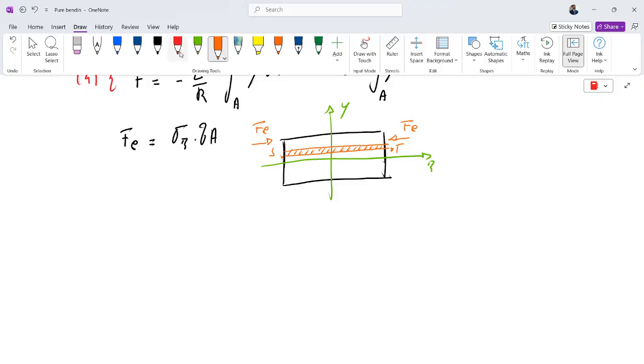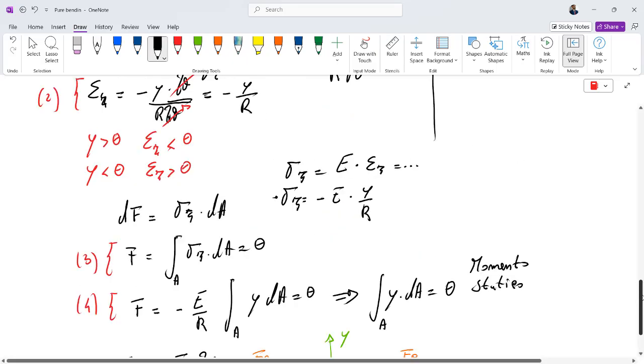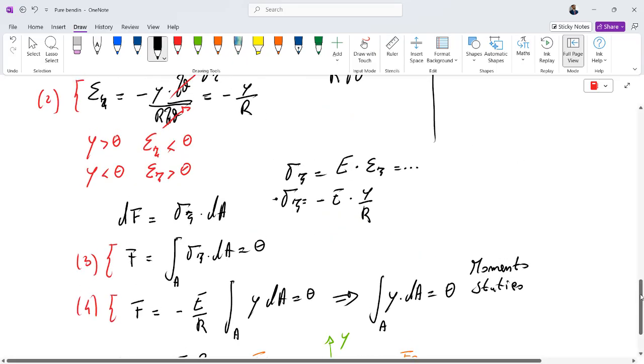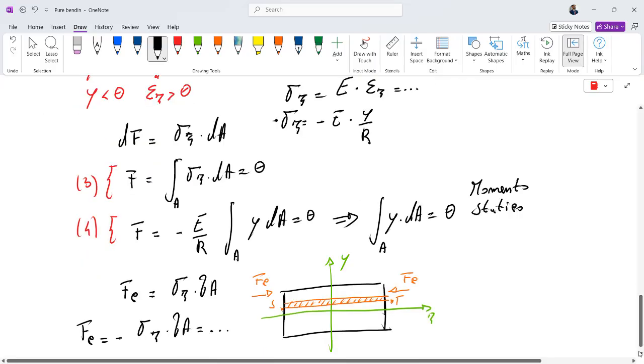So we have F_C in the direction of negative z. So here we obtain F_C equal to minus sigma z times delta A, where sigma z is equal to minus the Young modulus times y over r, the radius.